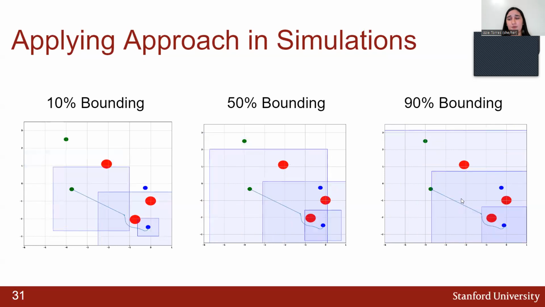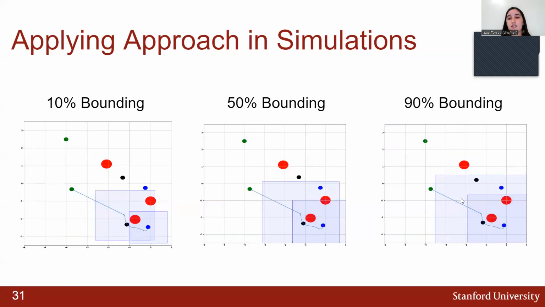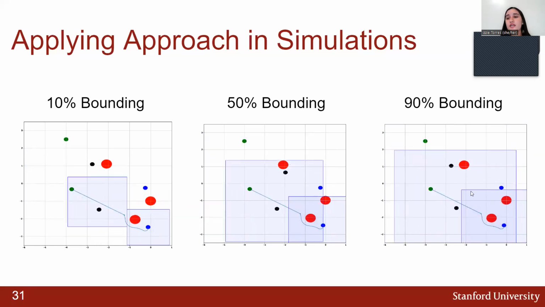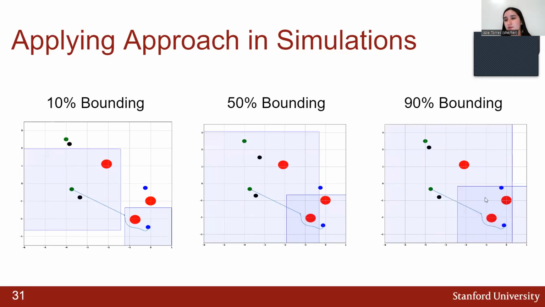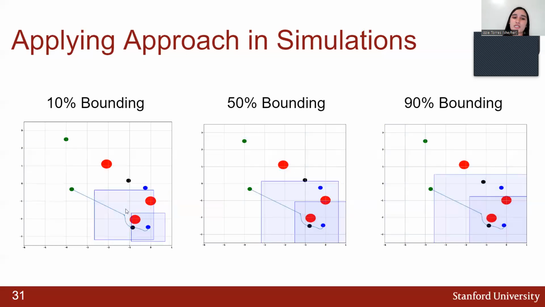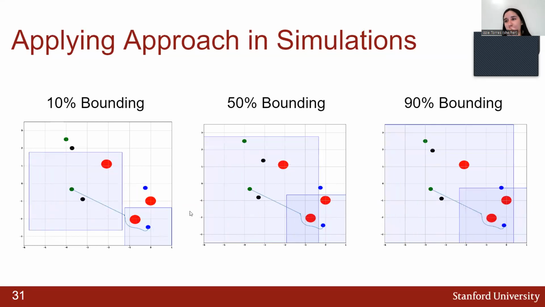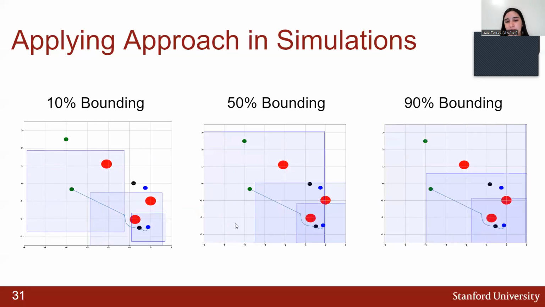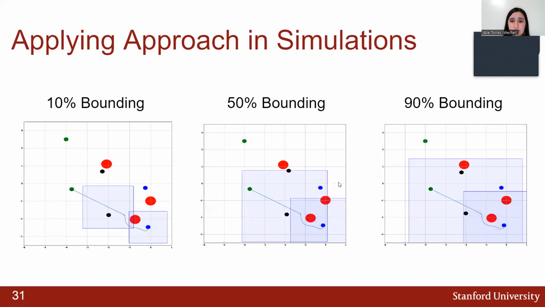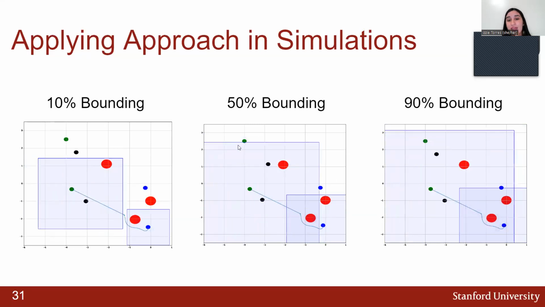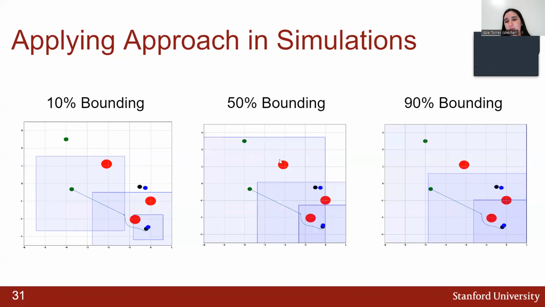So what you might want to consider in tuning is that when you get up to 90% bounding, clearly the approach is less useful than with 10%, but you might have a risk tolerance that suggests 10% just isn't sufficient bounding.